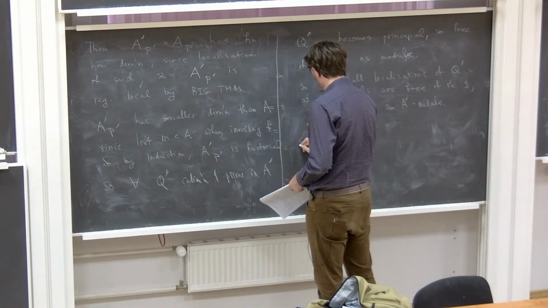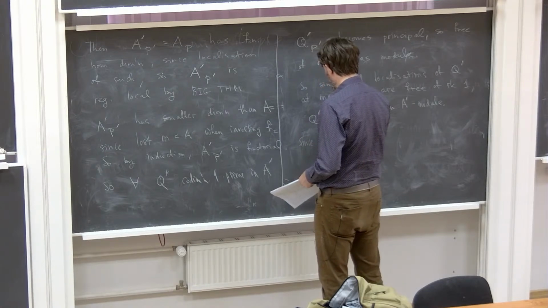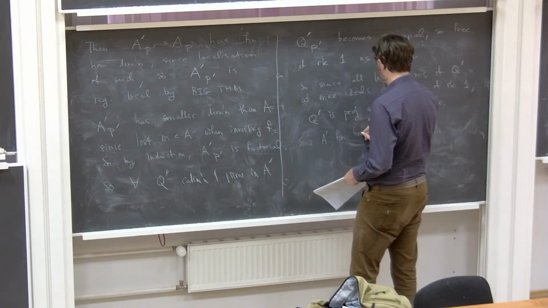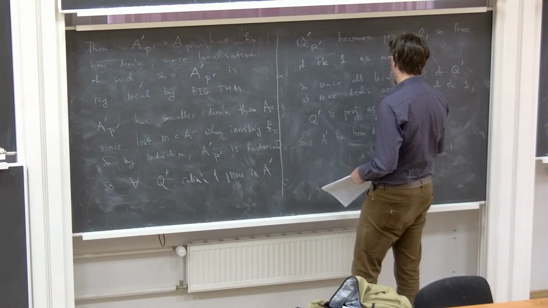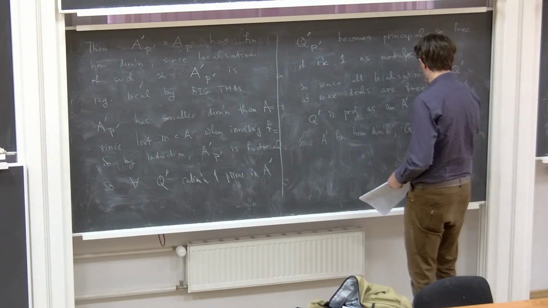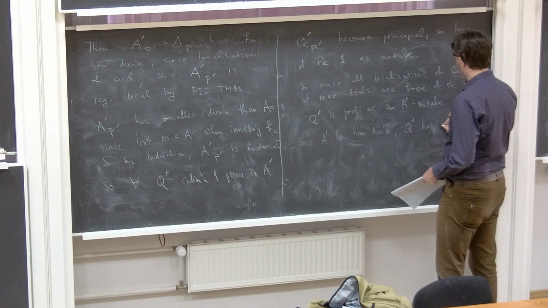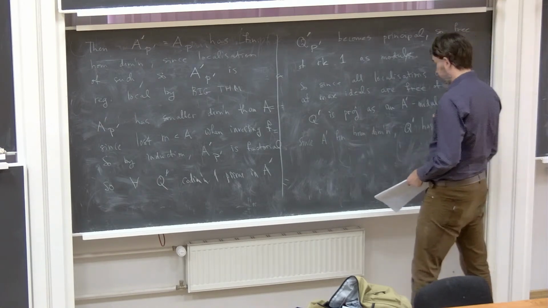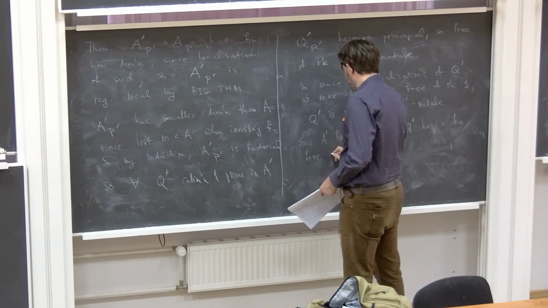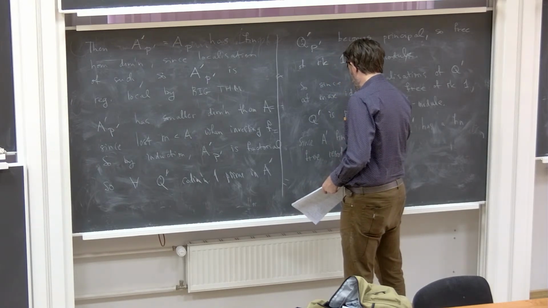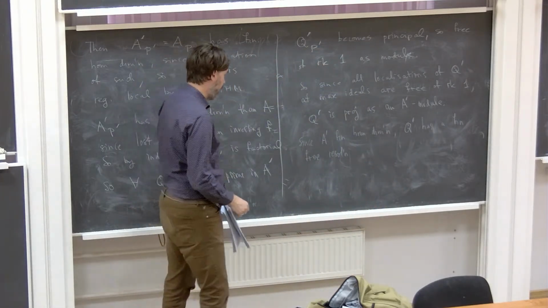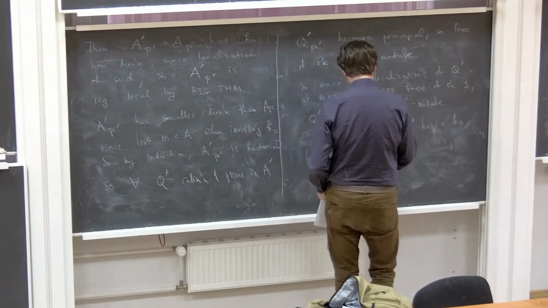So since A prime is finite homological dimension, since it's a localization of something of finite homological dimension, Q prime has a finite free resolution. And now it's finite length and finitely generated because we're in a Noetherian setting. So it has a finite free resolution.